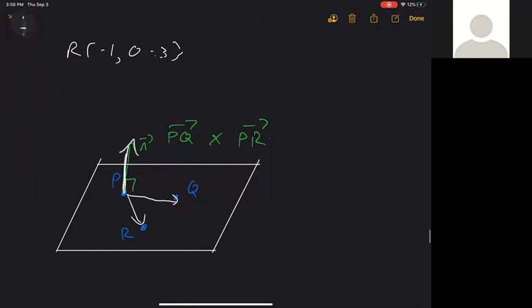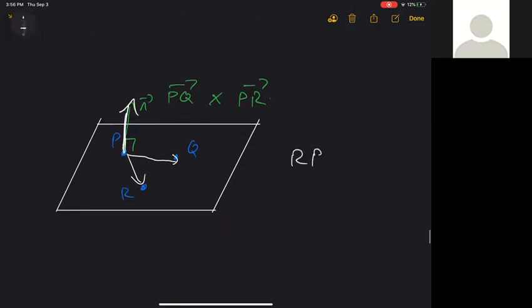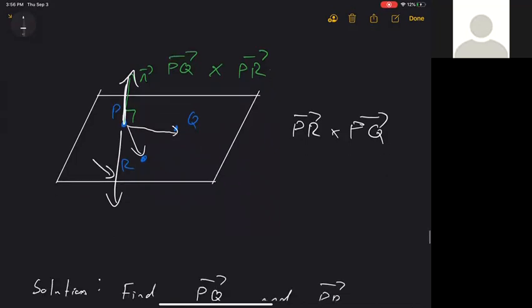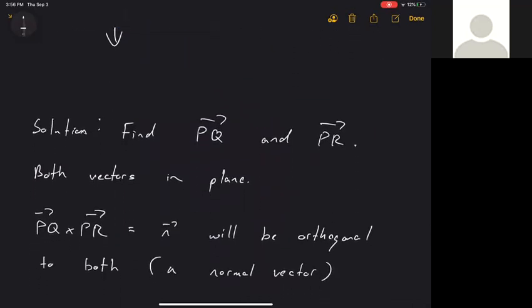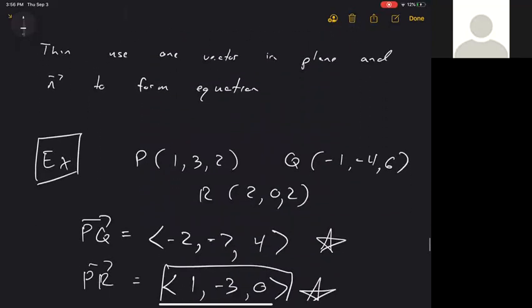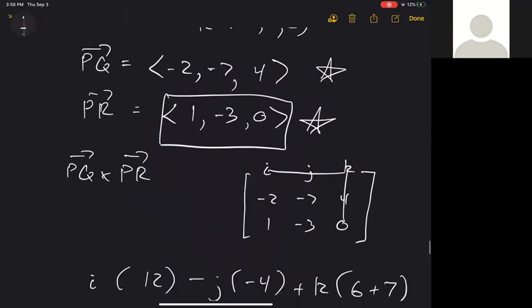On the other hand, if I had done PR cross PQ, I would have gotten the same vector, except it would have been pointing downwards, like everything would have opposite sign. So that would give me this vector. If I had used this vector in my calculations, it would have been a similar equation, but sign differences would have made it look a bit different. So you could be getting different answers that are still correct. For these equations of planes, there's multiple ways to write these.